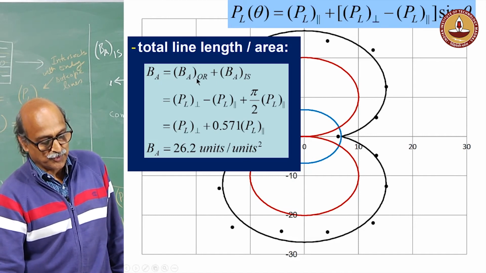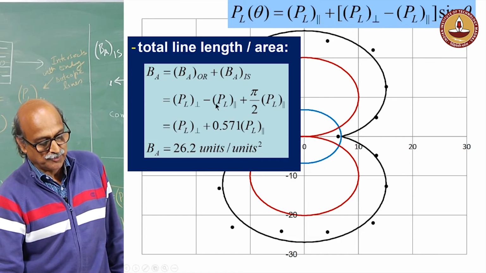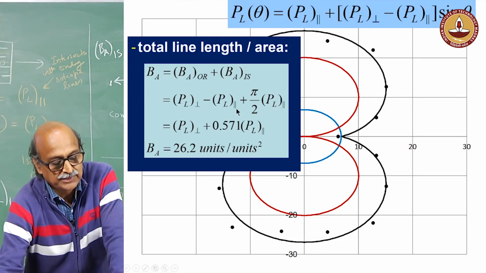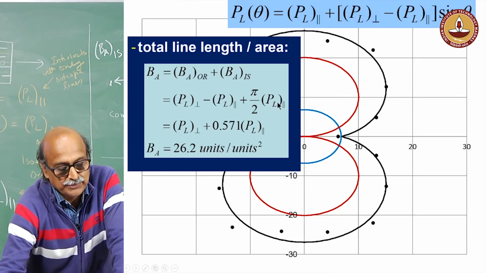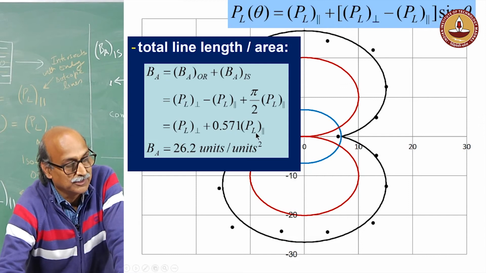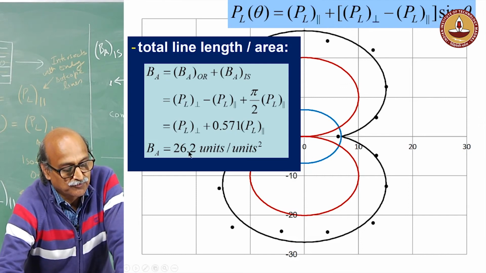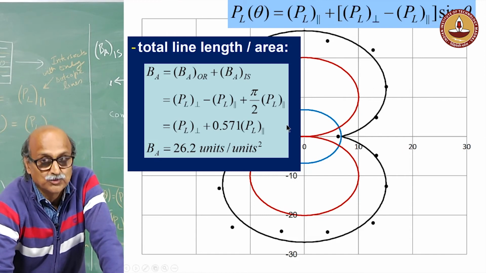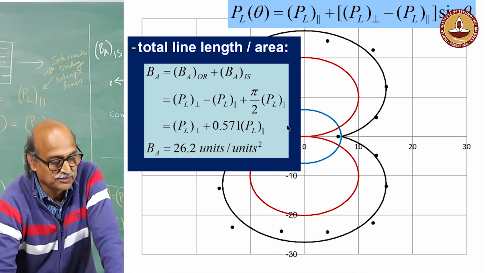I substitute for oriented PL perpendicular minus PL parallel, and for BA isotropic I introduce pi by 2 PL parallel, then just the PL parallel components I can add up. So, I will get PL perpendicular plus 0.57 PL parallel, getting me a total of 26.2 units per unit square, total isotropic as well as oriented.